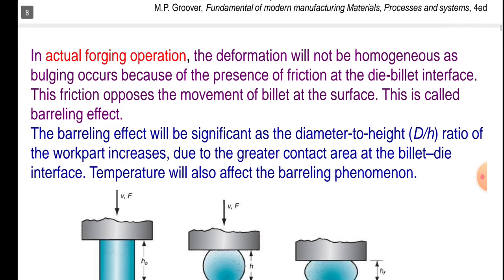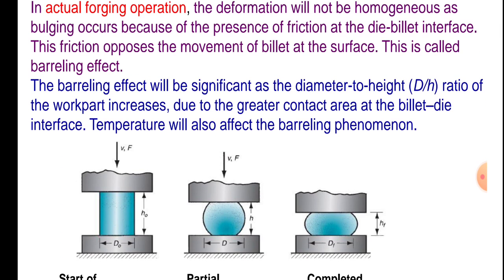The barreling effect will be significant as the diameter to height ratio, D divided by H, of the workpart increases, due to greater contact area at the billet-die interface. Temperature will also affect the barreling phenomenon.